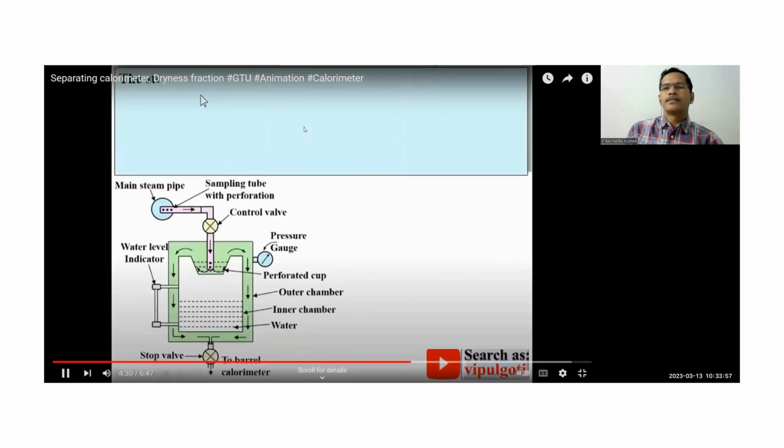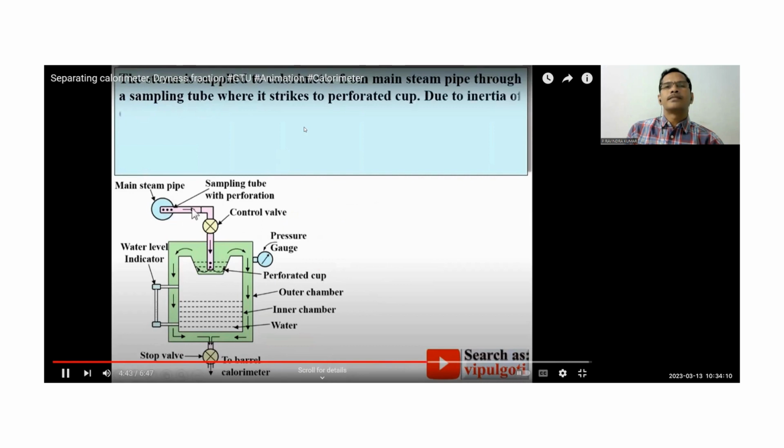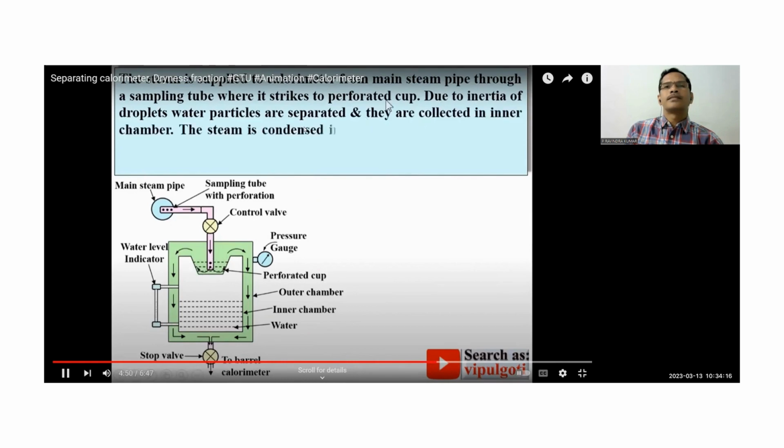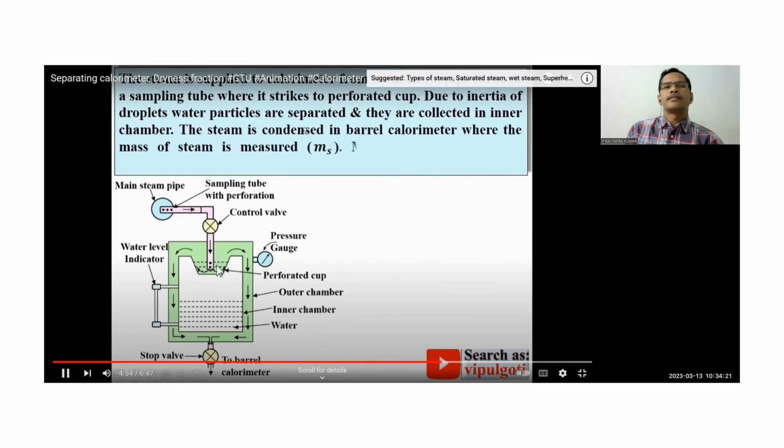Now let's discuss the important characteristics. First, the working. The steam is supplied to the calorimeter from the main steam pipe through a sampling tube. So this is the sampling tube, where it strikes the perforated cup. So this is the perforated cup. Due to the inertia of droplets, water particles are separated and collected in the inner chamber.